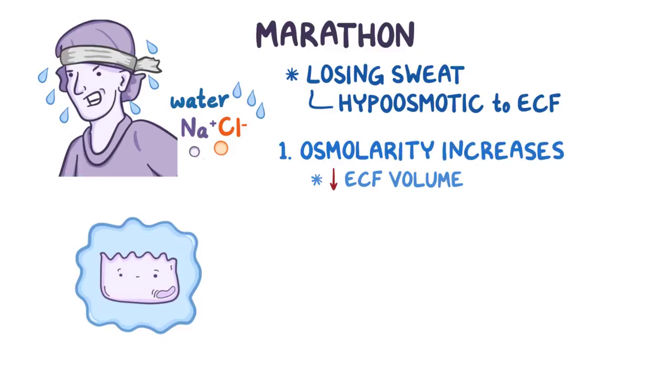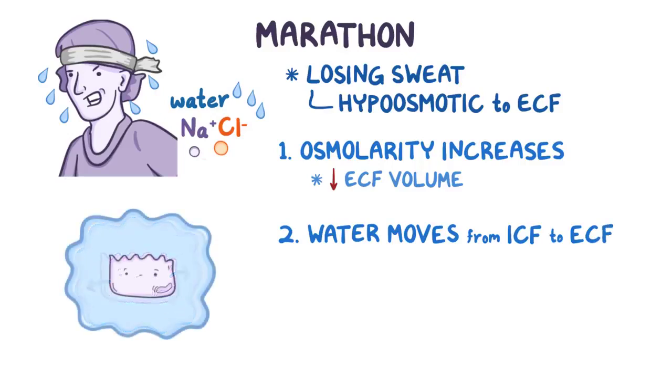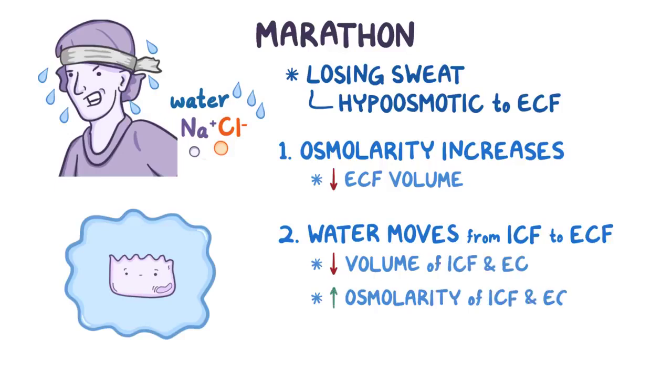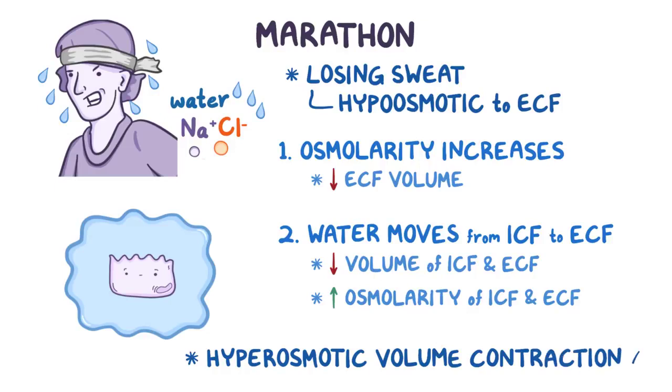When the osmolarity in the extracellular fluid rises compared to the intracellular fluid, water moves by osmosis from the intracellular fluid into the extracellular fluid. Once steady state is established, volume decreases and osmolarity increases in both compartments. This means that there's a hyperosmotic volume contraction.